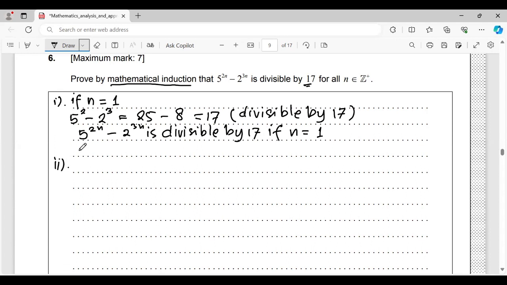The second step: if n equals k, so 5 power 2n minus 2 power 3n equals 5 power 2k minus 2 power 3k.